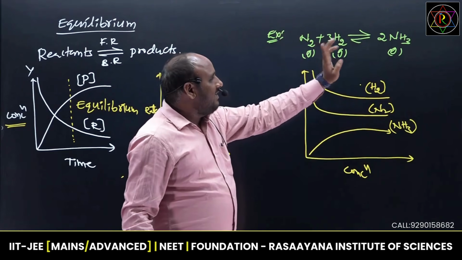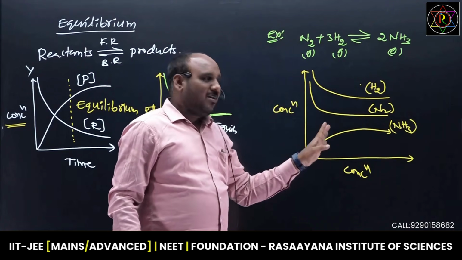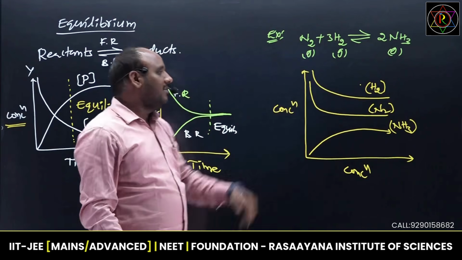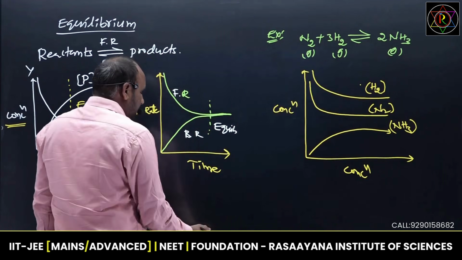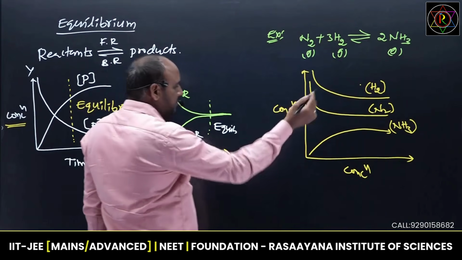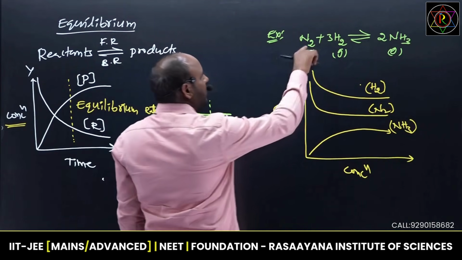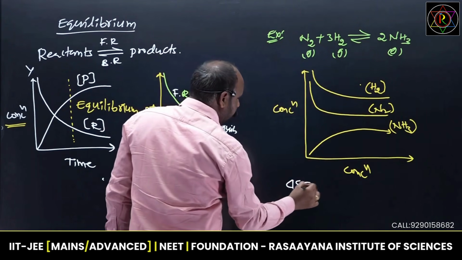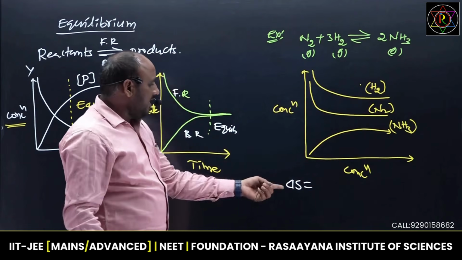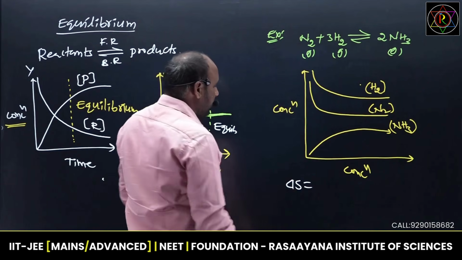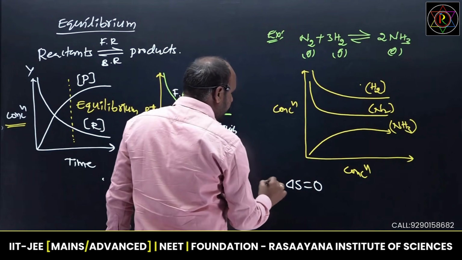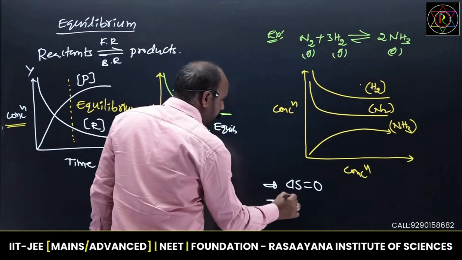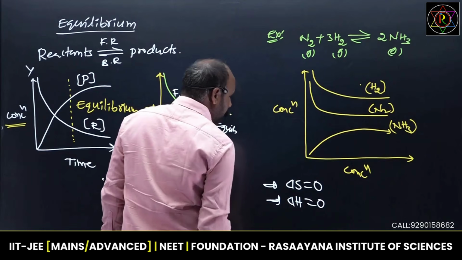Whether equilibrium is formed in this reaction or not can also be expressed with the help of thermodynamic properties, the change of thermodynamic property from reactants to products. One property is delta S, the change of entropy, which equals 0 at equilibrium. Not only entropy, but the enthalpy change also becomes 0.